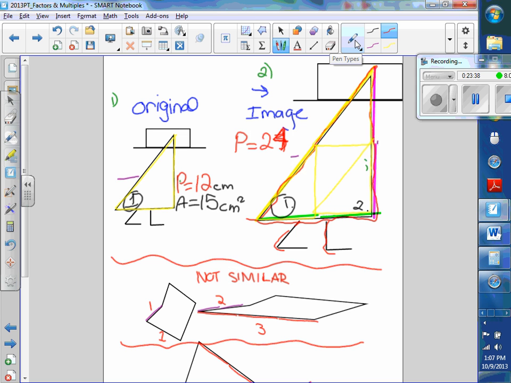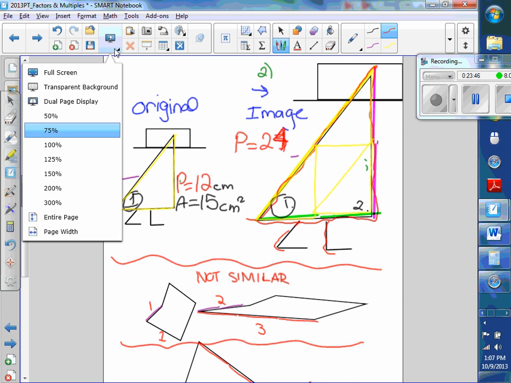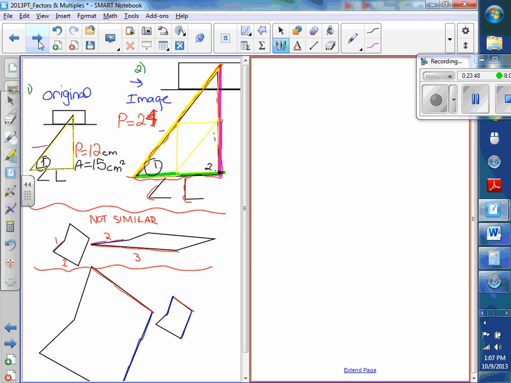The ratio of the perimeters was, what was the ratio of the perimeters? 2 to 1, right? The perimeter was 2 to 1. But the area was 4 to 1.